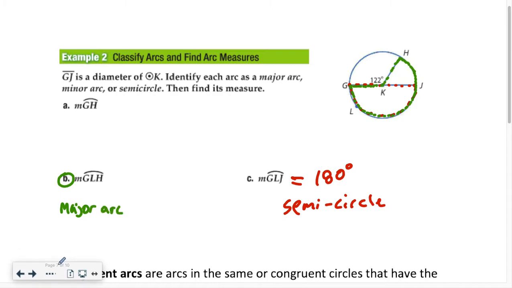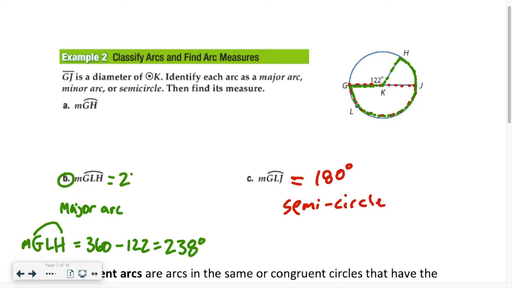And if you guys remember, to find that measure, it's equal to 360 minus that minor arc of 122. I gotta get my calculator out here, guys. You know I'm not good at arithmetic. So the measure of arc GLH is 238 degrees. Okay, which of course is greater than 180, which is the definition of a major arc.